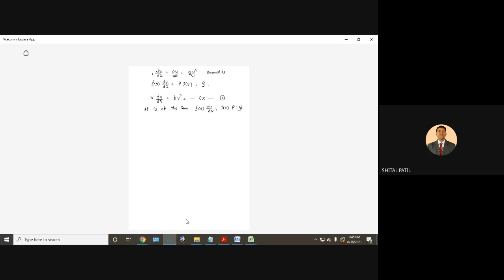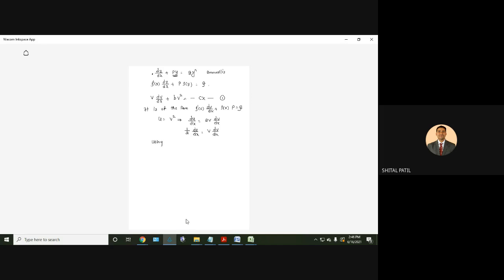Q. Okay, so substitution is u equal to v square. So du by dx equal to, what is du by dx? 2v dv by dx. Okay, so 1 upon 2 du by dx equal to v dv by dx.